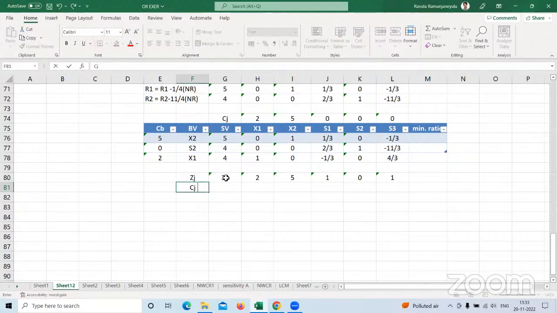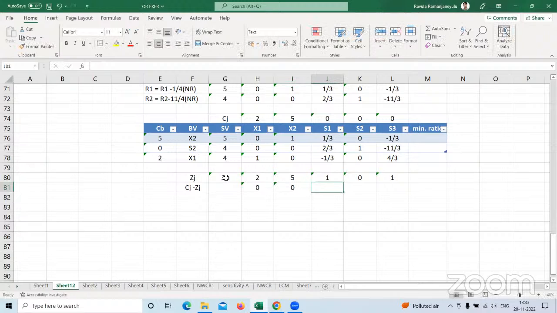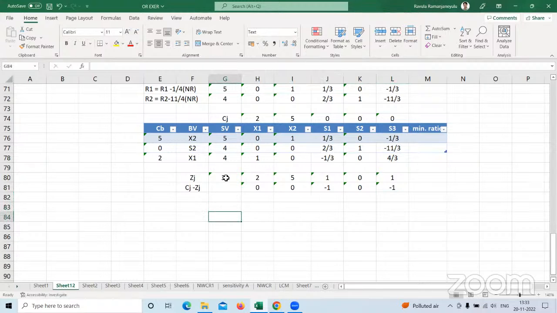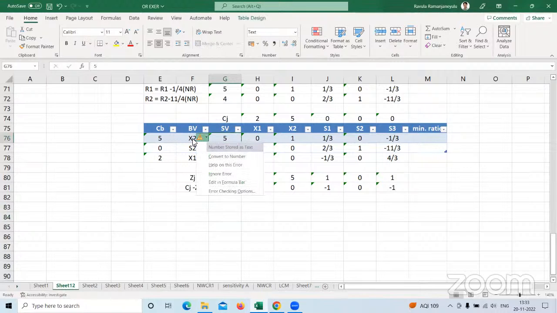Cj minus Zj. If you do it carefully, you'll get the correct values. 2 minus 2, 5 minus 5, 0 minus 1, 0, 0 minus 1. So here we can say we reached our optimal solution. So what is the optimal solution? This is your optimal solution. What about x3, sir?